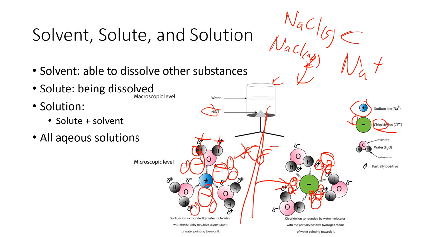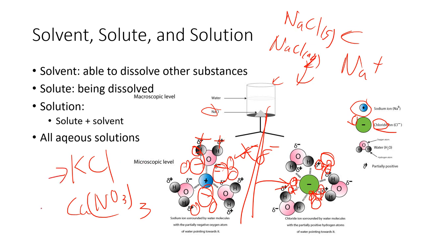It's because when, for example, sodium chloride, and it doesn't have to be sodium chloride, it could be potassium chloride, it could be calcium nitrate, right? Usually polar substances, so salts, let's call these salts. The common name is table salt, right?